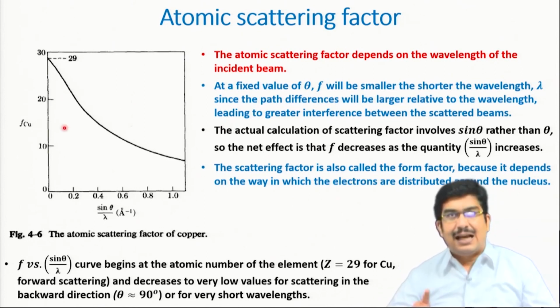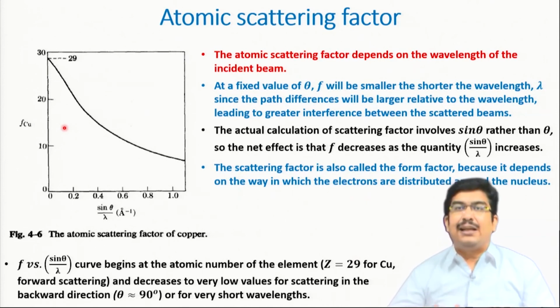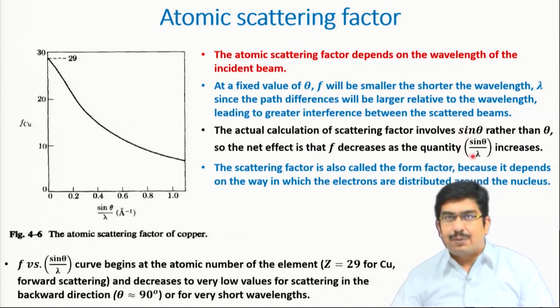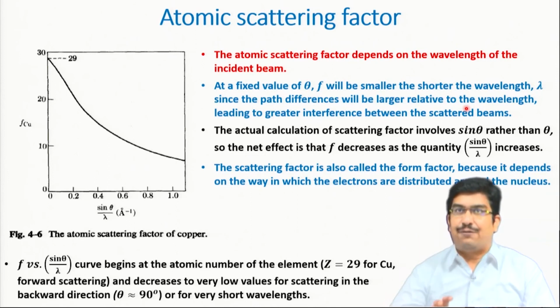theta as well as on lambda, and actually it depends on sin theta. So ultimately the atomic scattering factor will decrease as sin theta by lambda increases. It is inversely proportional to lambda and directly proportional to sin theta. As lambda decreases, f increases.